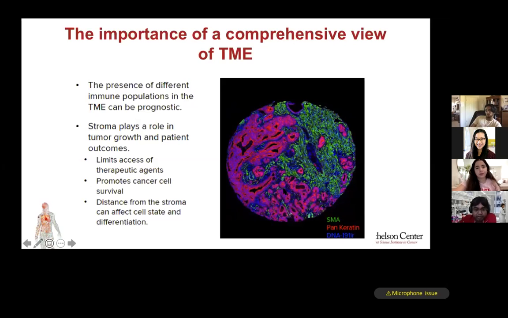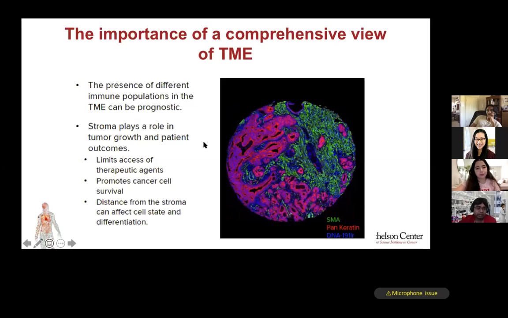So why do we need to study the microenvironment? Many of these cells, as Sonia also mentioned, are found to be prognostic in cancer research. If you see M1 macrophages or M2 macrophages, there are multiple papers showing which are tumor supportive and which are actually good for prognosis.